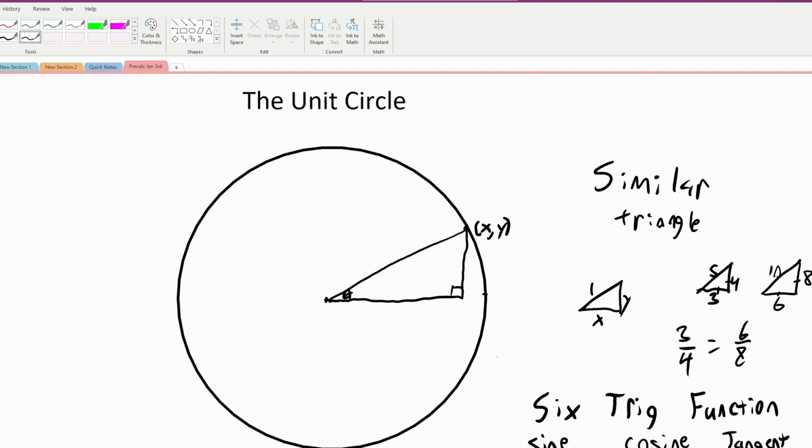Now, again, these six trig functions are formed from the fact that we have three sides of a triangle. We have x, y, and hypotenuse.